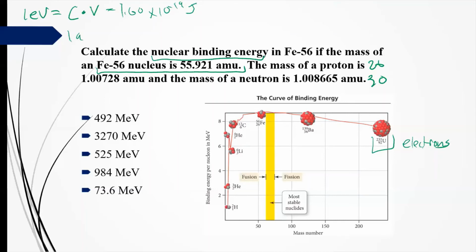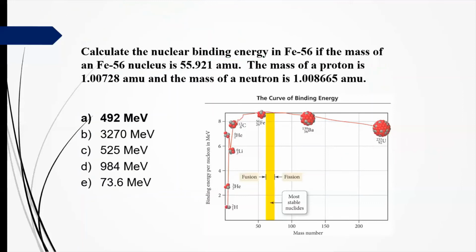And 1 AMU is 1.66 times 10 to the negative 27 kilograms. Once you work your way through that, we're looking for mega electron volts, so think about what that means. With our numbers, as we put them in there, we should end up with 492 mega electron volts.